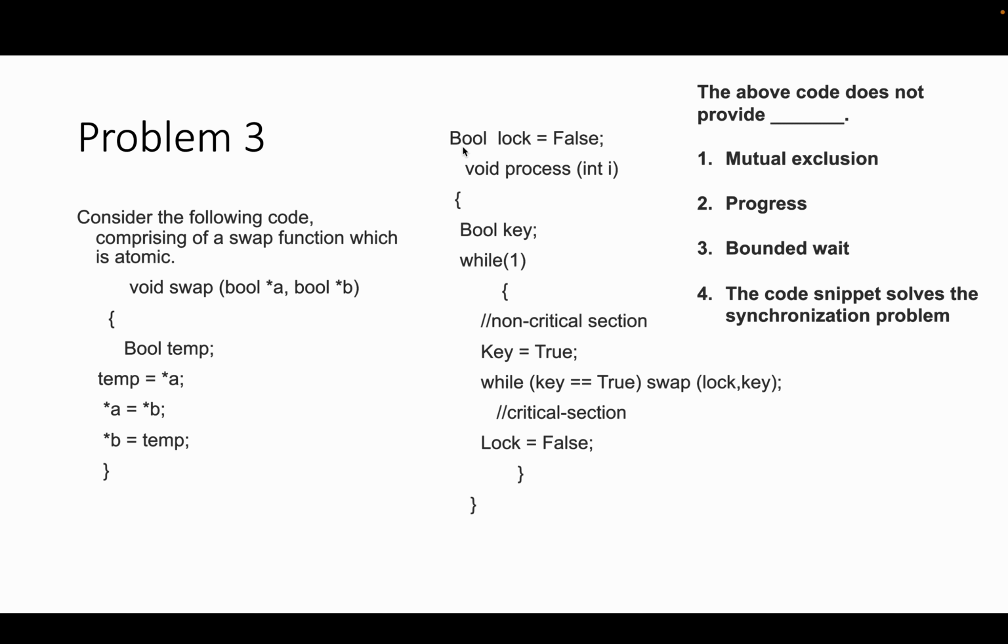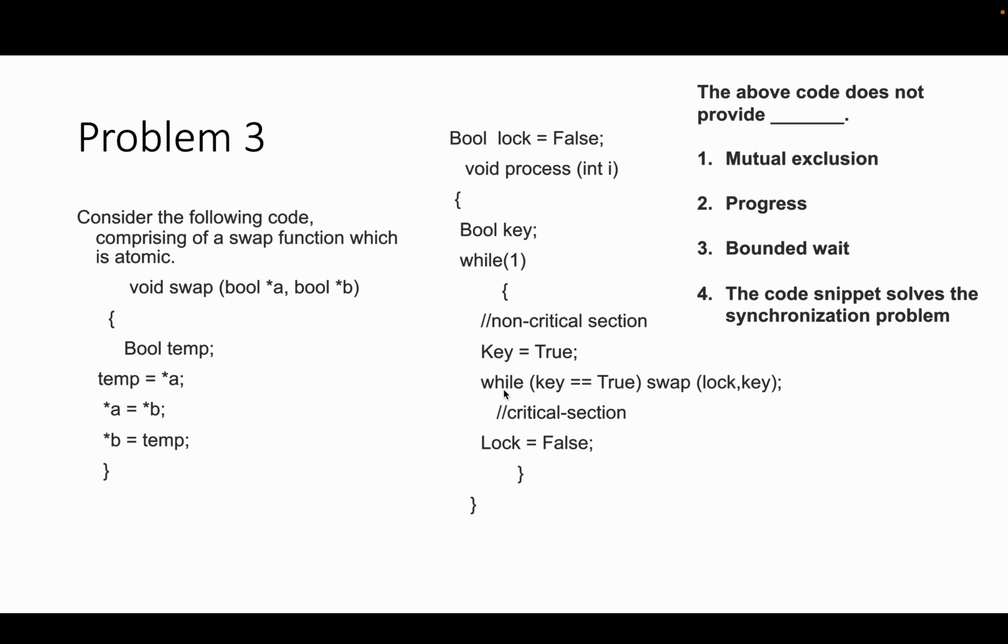Then on this side, you see that there is a global variable lock, which is initialized to false, and then there is this code for processes. It takes as parameter i, which indicates the process ID, and inside this you have one local Boolean variable key, and then you have an indefinite while loop, and in this you first set the key to true.